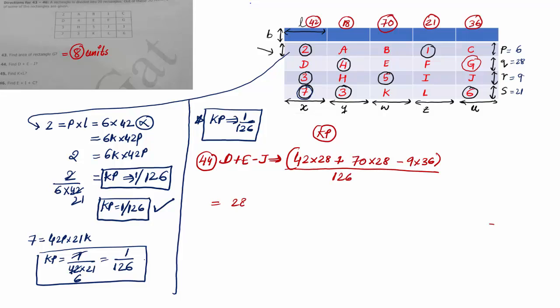So I'm taking 28 common here. So I'll be left out with 42 plus 70 minus 9 into 36 by 126, right?